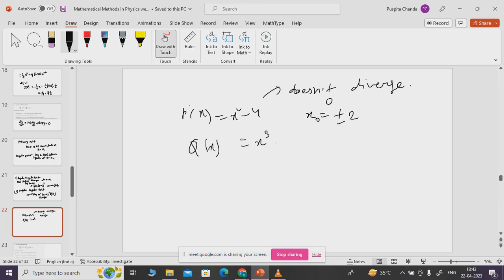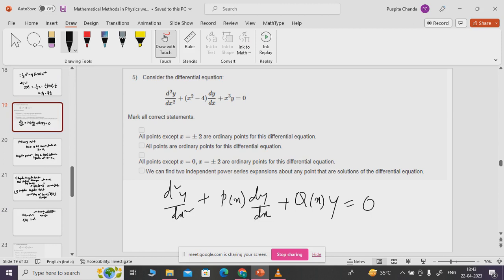It becomes 0 but doesn't diverge. Diverge means it became infinity. At ±2 it is 8, that is not divergence at all. So here all points are ordinary points, because at no point will p(x) and q(x) diverge.